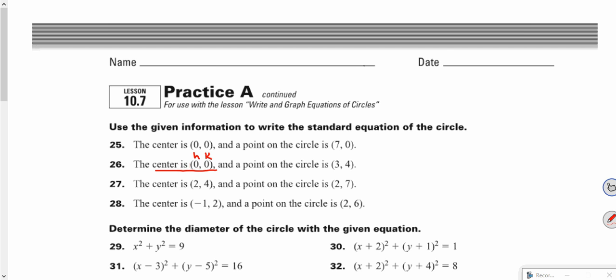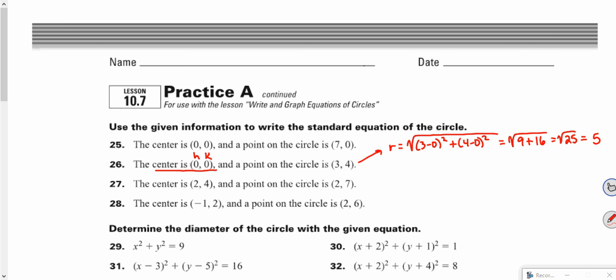They gave us the center and a point on the circle, so my radius is just the distance formula. This is (3 - 0)^2 + (4 - 0)^2, or 0 minus 3 and 0 minus 4, it doesn't matter. So this is going to be 9 + 16, which is the square root of 25, which is 5.